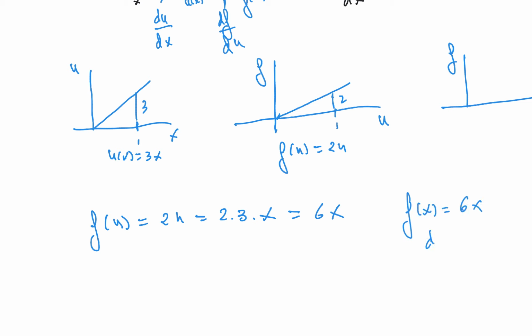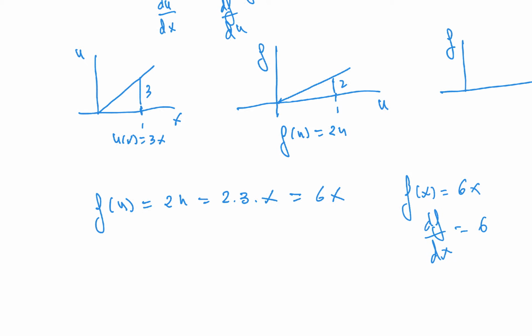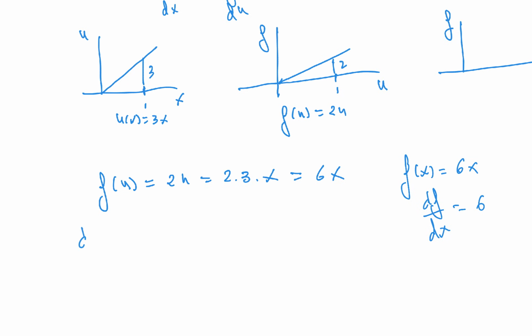And what is the derivative of f with respect to x? It is 6. Now let's check. The derivative of f with respect to x is the derivative of f with respect to u multiplied by the derivative of u with respect to x. The derivative of u with respect to x is 3.